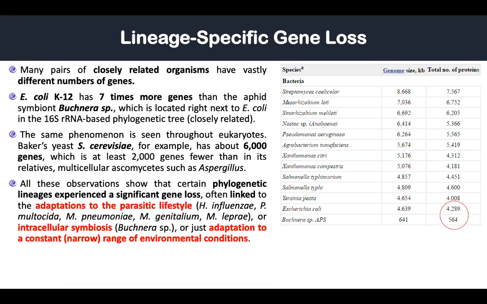When you're adapting to a parasitic lifestyle, these organisms may not require some of the genes which were required previously to survive, because they're going to be getting all their food source, everything, from the host. So they don't require the genes anymore, and coding for these proteins is just going to waste energy. So over the years, they basically lose these genes because they are no longer required for their survival.